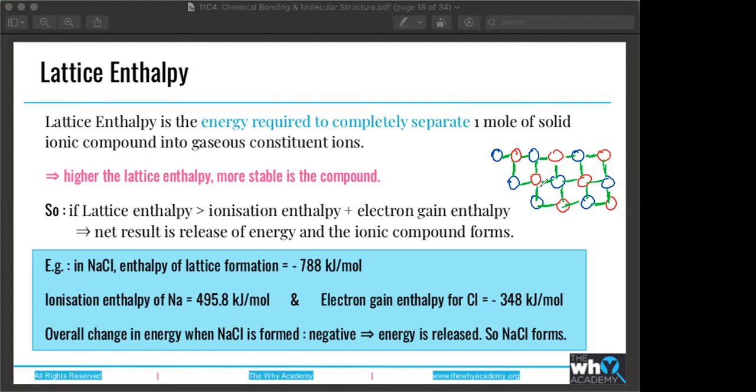It's not easy. So that's why the energy required to completely separate all of them, to break all of these bonds, separate 1 mole of solid ionic compound into gaseous constituent ions, is called lattice enthalpy.